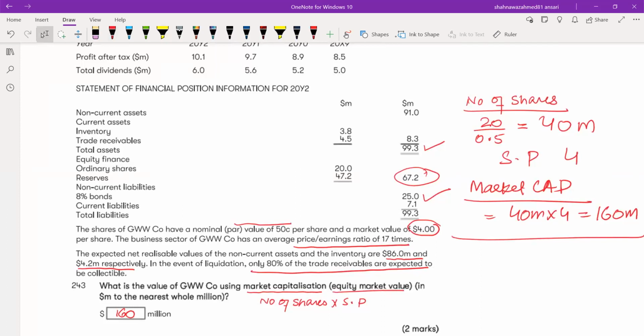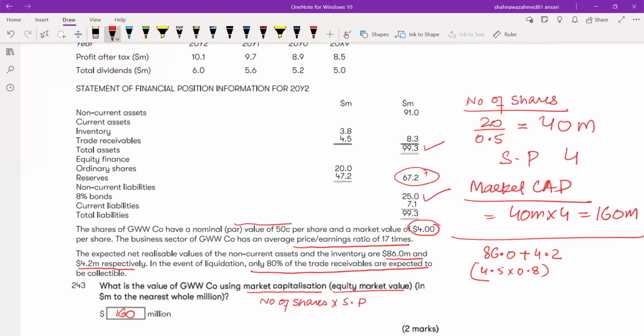The non-current asset, which is 91, would now realize only 86 million, plus inventory, which is 3.8, that would be 4.2 now. Receivables 4.5, only 80% is collectible.